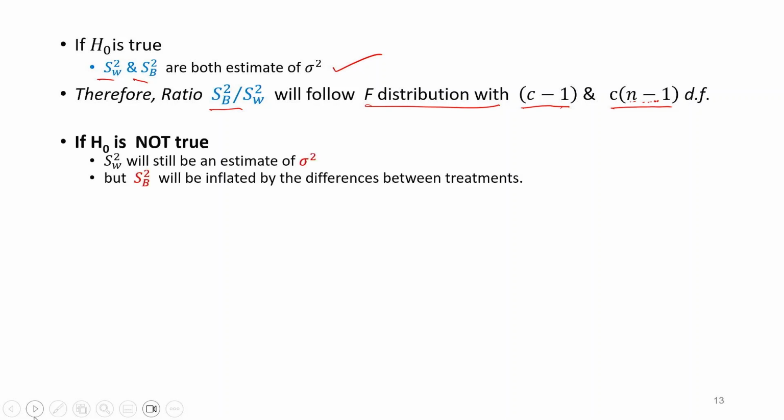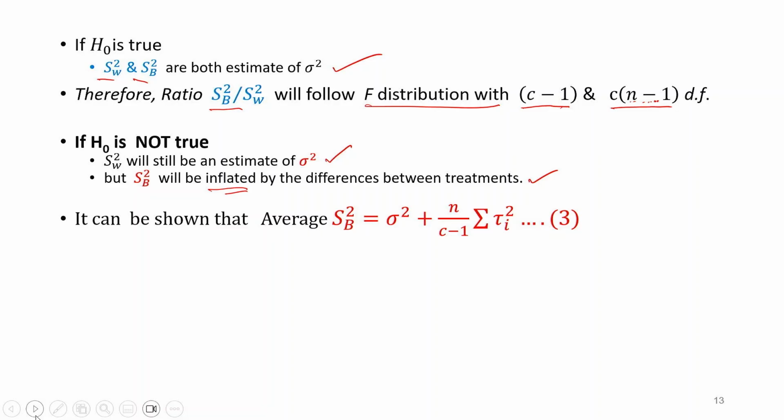So if H0 is not true, S squared W will still be an estimate of sigma square, but S squared B will be inflated by the differences between the treatments. If H0 is not true, that basically means the treatment means are differing from each other, and therefore the value of S squared B will be quite high.